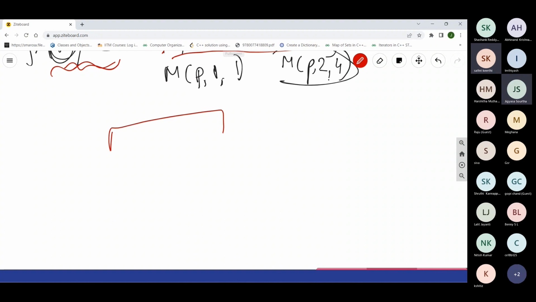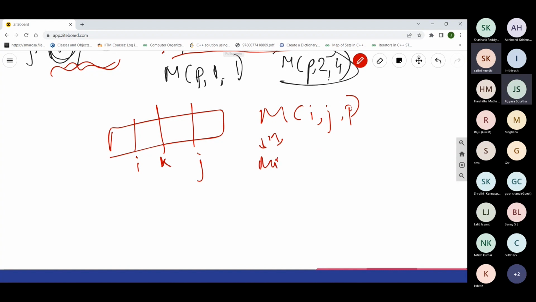So the thing is that when you split any array from the index i to index j, say you split it at k, m of i, j, p will return you the minimum cost of multiplying the matrices Ai till Aj. Now if I'm splitting it at k, it means I have two bunches of matrices. One is from Ai to Ak, and another is A of k plus 1 to A of j.